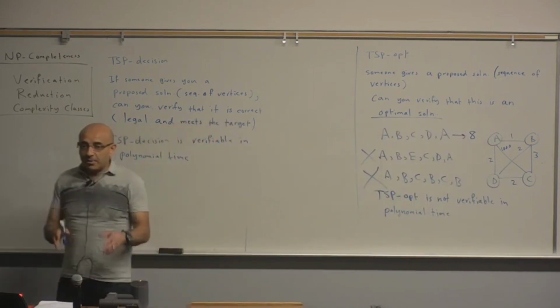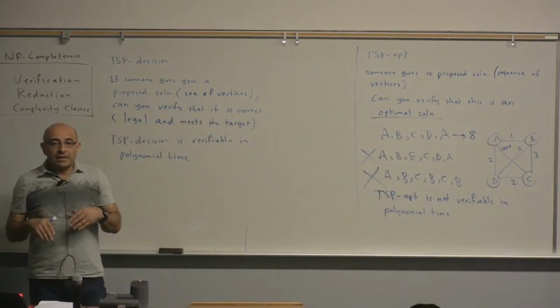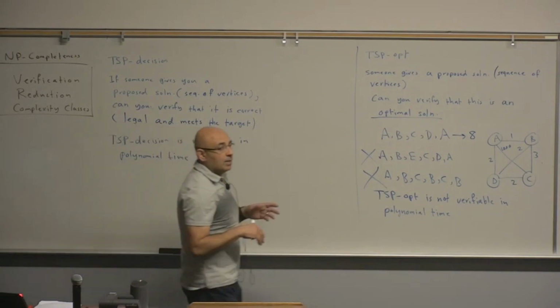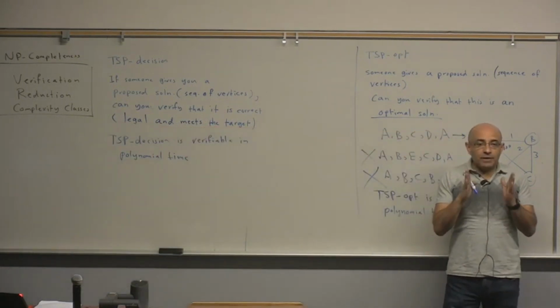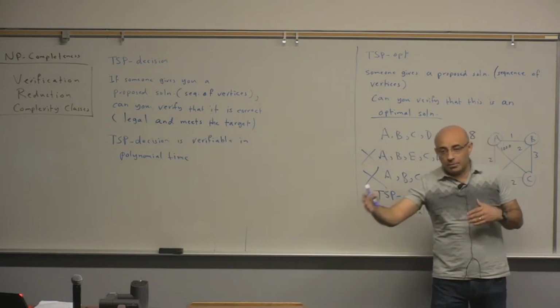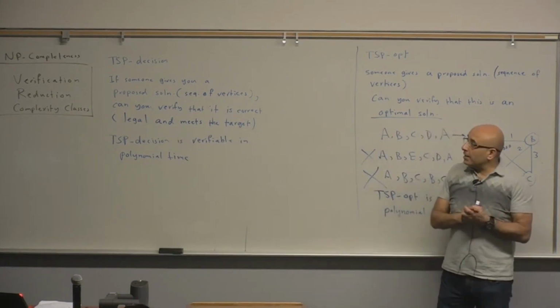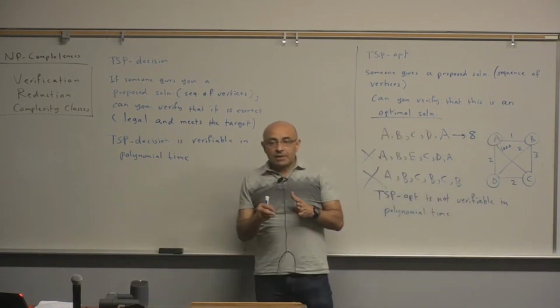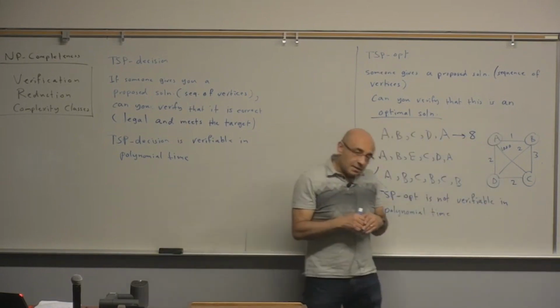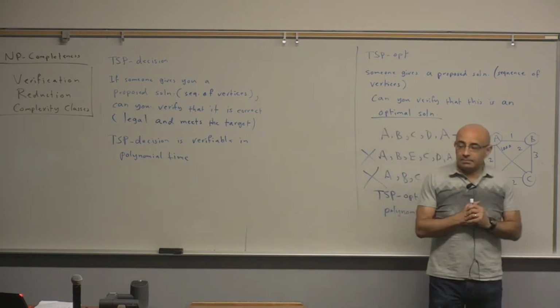So usually the optimization version of the problem is not verifiable in polynomial time because you can't verify optimality. In order to verify optimality, you will have to find the optimal solution. While verifying that a given solution meets a certain target is something that you can do in polynomial time.